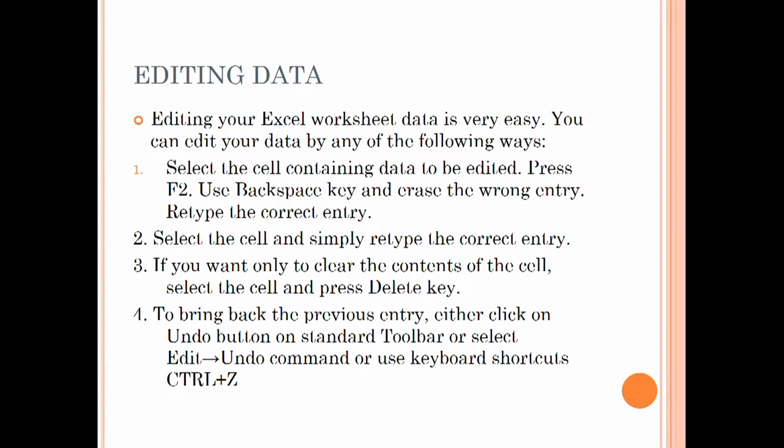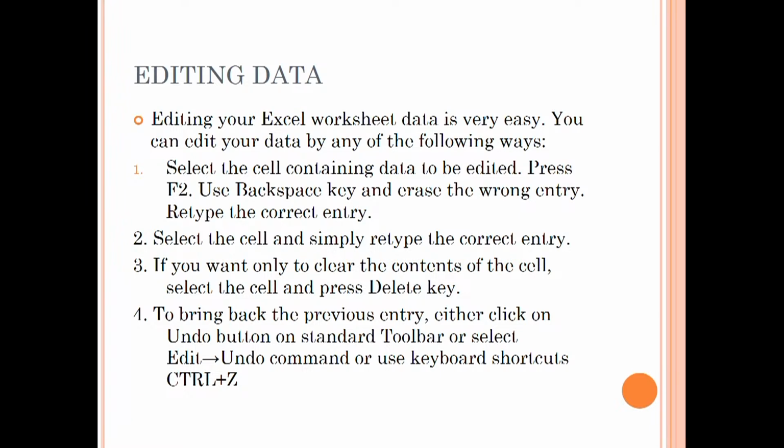Now, editing the data. Editing your Excel worksheet data is very easy. You can edit your data in any of the following ways. First, select the cell containing the data to be edited, press F2, use the backspace key to erase the wrong entry, and retype the correct entry. Second, select the cell and simply retype the correct entry.